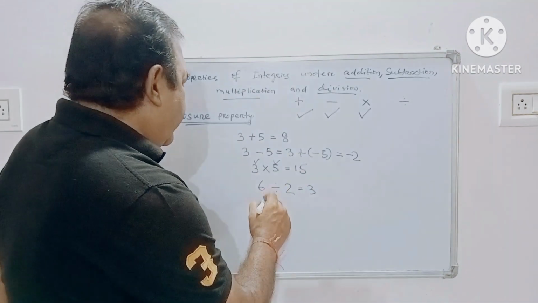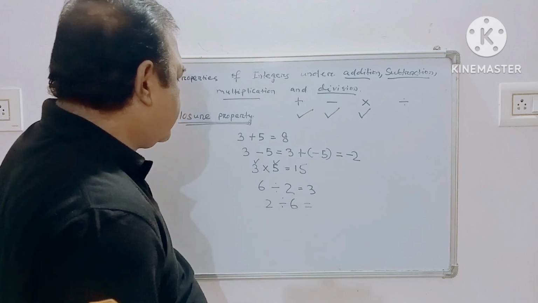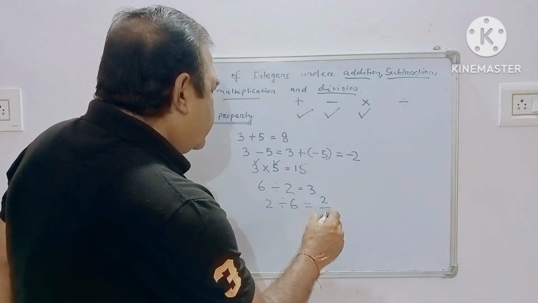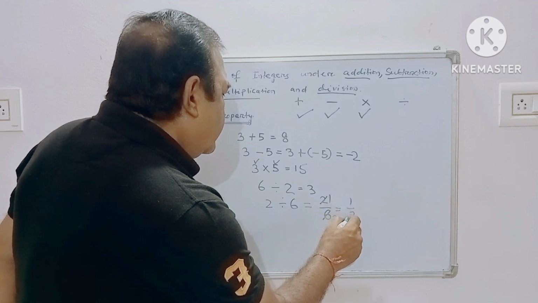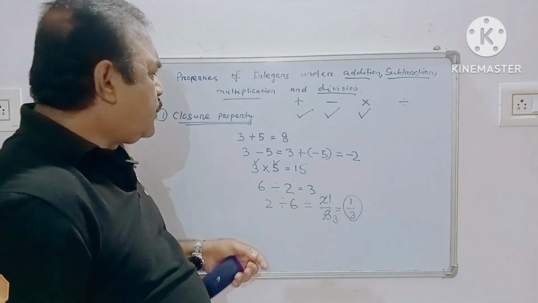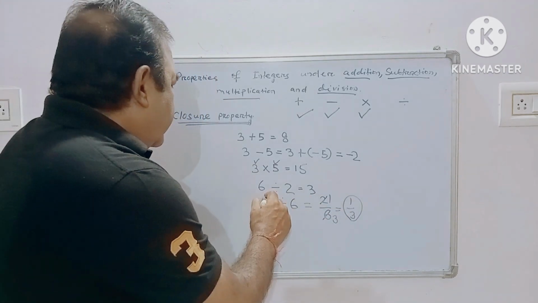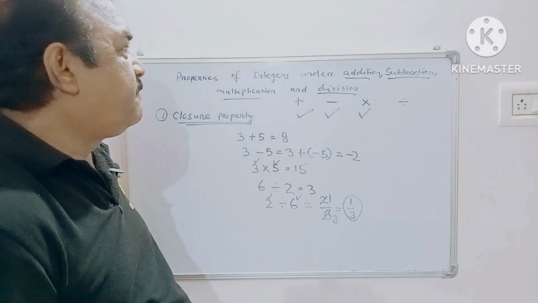But if I divide 2 divided by 6, this will be 2 upon 6, that is equal to 1 upon 3. So you see, 2 is an integer, 6 is an integer, 1 upon 3 is not an integer.